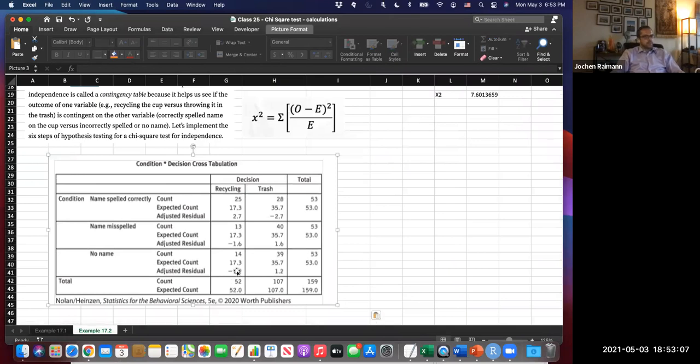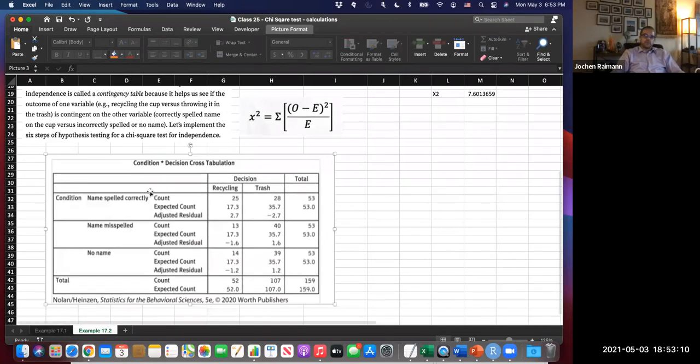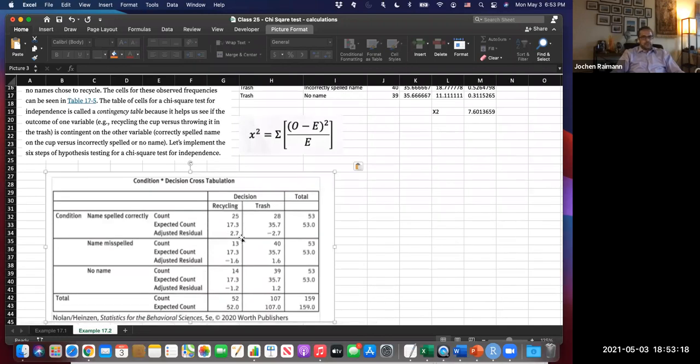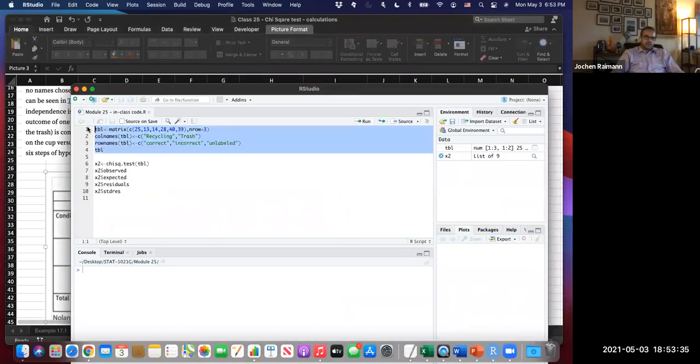So this is SPSS. You basically see a count, you see an expected count, and this is consistent with our data. And here you have adjusted residuals. These adjusted residuals obviously require for you to know the standard error of the mean, which is basically the differences quantified by the sample size, as you know, right? So the automatic calculation that we're doing is in R. It basically gives you the same results. This is our little table, 25, 30, 14, adding up to 52, 28, 40, 39, adding up to 107, I believe.